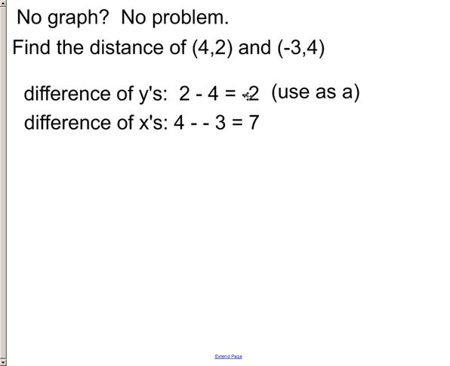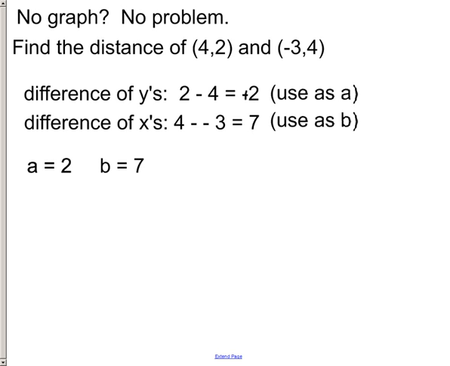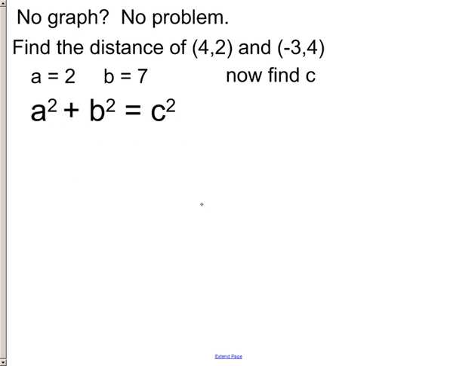And now we can use this as A, and we can use this one as B. From this point on, I'm not going to keep writing in that positive 2 there. We can now just throw these values into our Pythagorean theorem. And the square root of 53 cannot be simplified, but if we estimated, it'd be about 7.3 rounded.